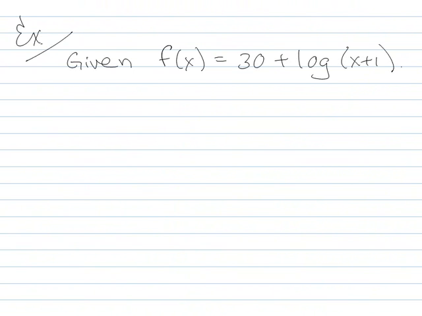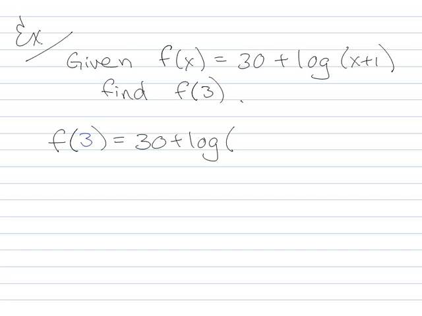So they'll say, given f of x is equal to, say, 30 plus log of x plus 1, find f of 3. And you're going to find it just like you would for any function. So to find f of 3, that means everywhere I see an x, I put a 3. So log of 3 plus 1, so 30 plus log of 4.